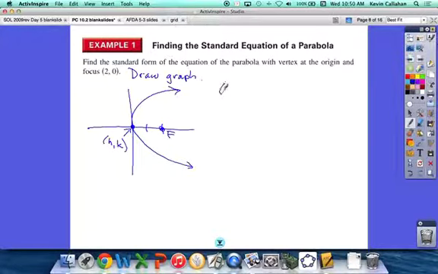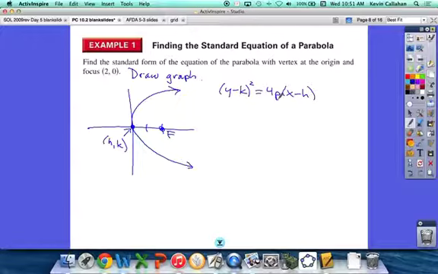So this will be y minus k squared equals 4p times x minus h. Okay, so what do I need to fill into that? I have to fill in for the h and the k and the p. Well, the hk is the vertex.